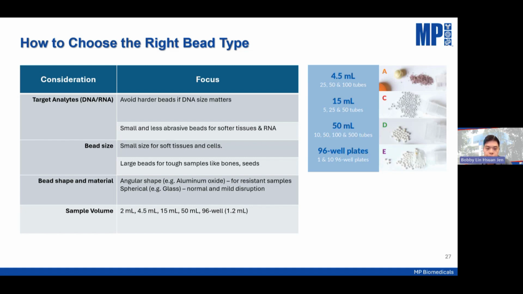At MP Bio, the different lysing matrices come in either angular or spherical beads that are catered to resistant samples or normal and mild disruption samples. And lastly, we have different sample volumes to choose from. If you have a smaller volume, you can choose the smaller volume versions, including the 2 mL or the 4.5 mL.